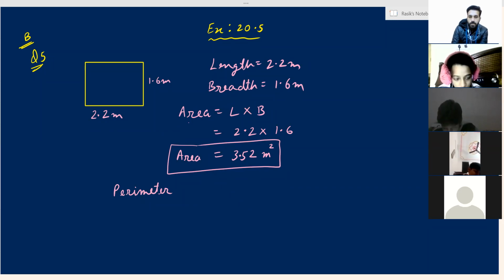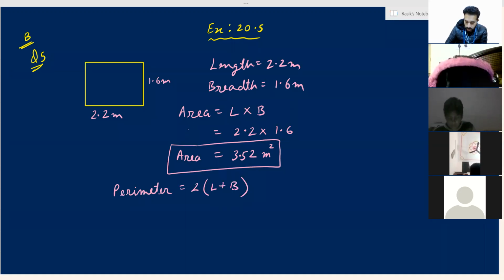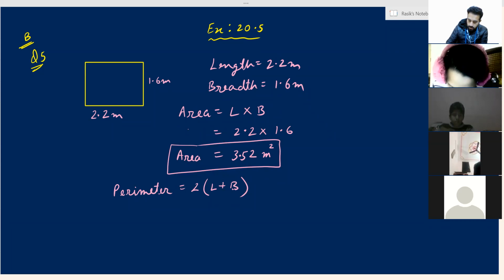So the perimeter, the formula of perimeter, all of you: 2 into (L plus B). Correct. Are you all posting it? Rayansh, your area is correct and your perimeter is also correct. Very good.